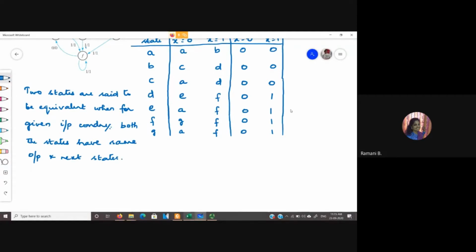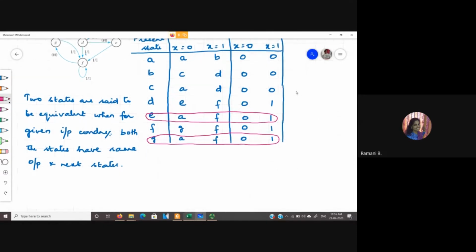So you can say two states are equivalent if they have the same next state and output for the given input condition. So here you can start comparing. As I start comparing, I can see state E and state G. Both of them have the same output and next state values for the given input conditions.